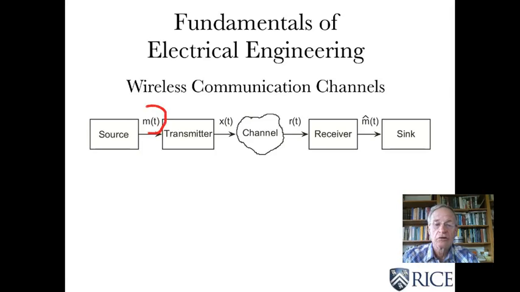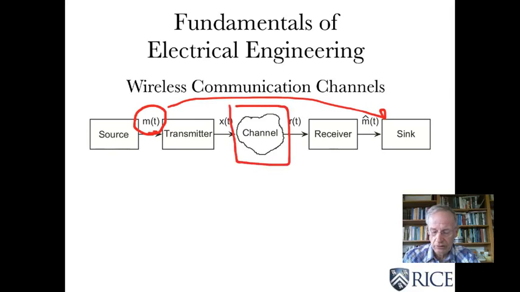There is a message that someone wants to send to some destination, and the problem is that doing that is not easy because of the channel. Nothing good happens in the channel. Signals get attenuated, sometimes filtered, there's noise, interference, all those kinds of issues pop up.